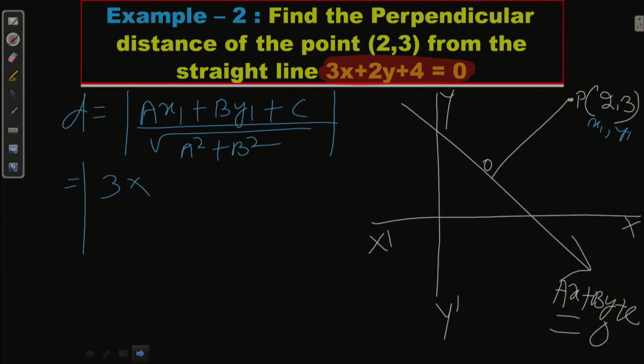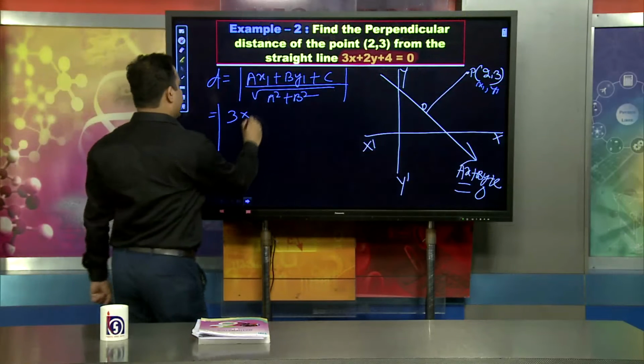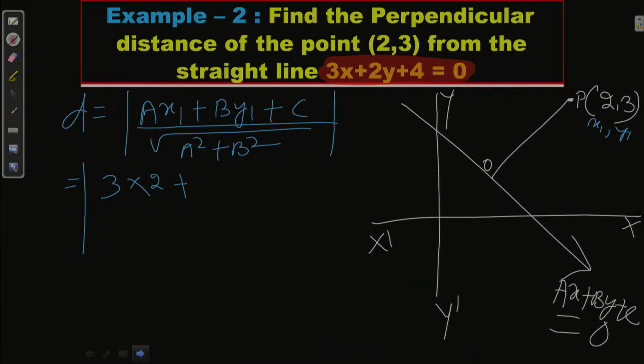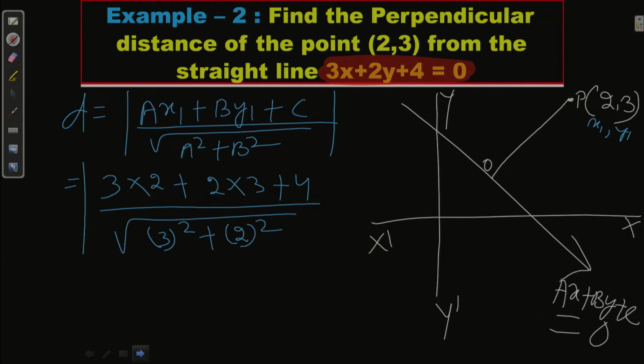The value of x1 is 2. So 3 into 2, plus b is 2 into y1, which is 3, plus c, which is 4, divided by the square root of 3 whole square plus 2 whole square, whole modulus.